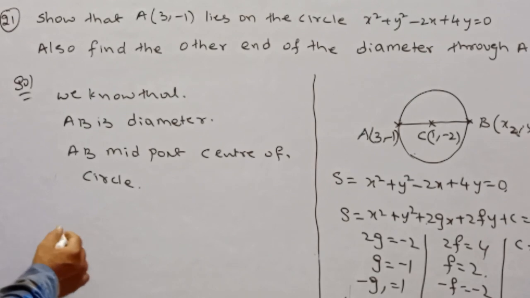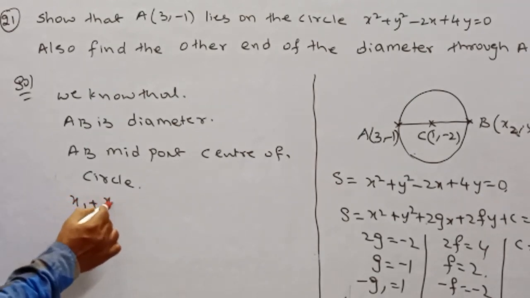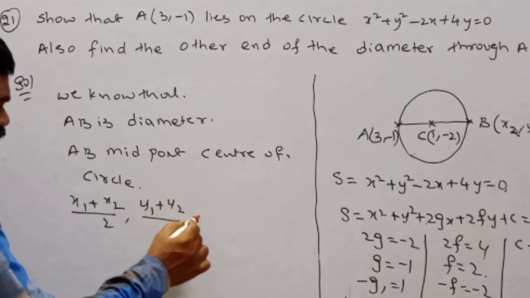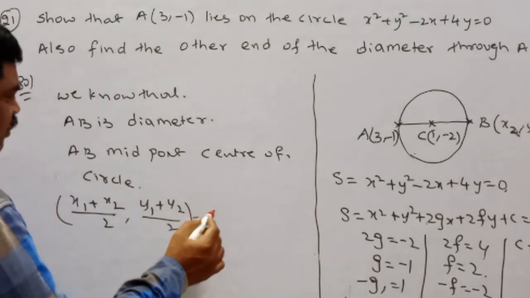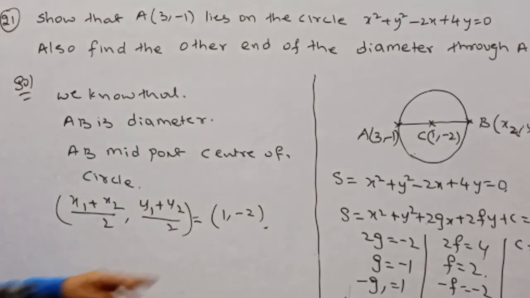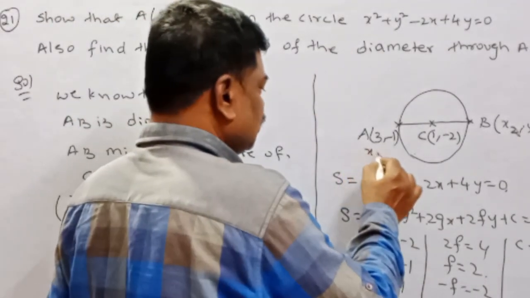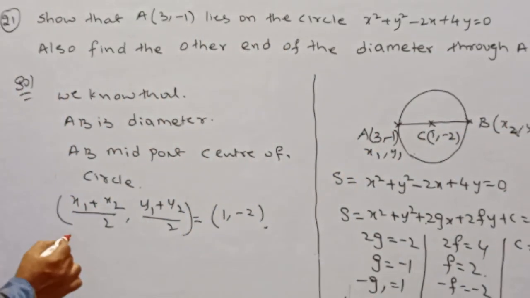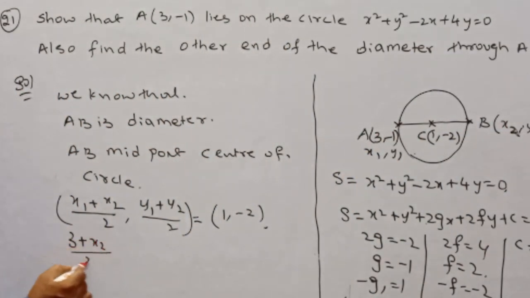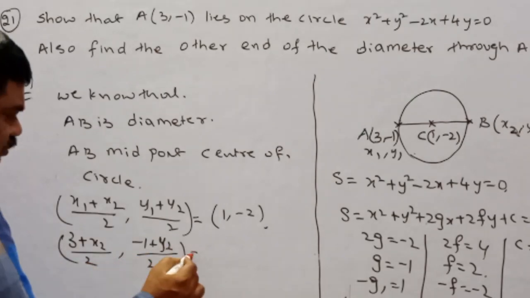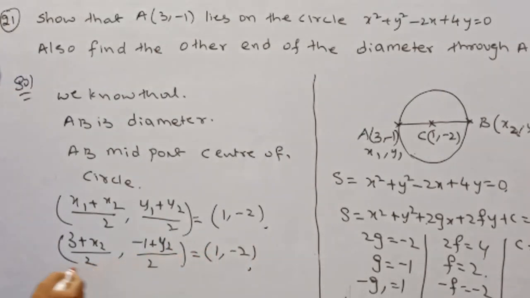So what is the midpoint of AB? (x1 plus x2 by 2, y1 plus y2 by 2) is equal to the center of the circle, (1, minus 2). Here this is (x1, y1), so (3 plus x2 by 2, minus 1 plus y2 by 2) is equal to (1, minus 2).